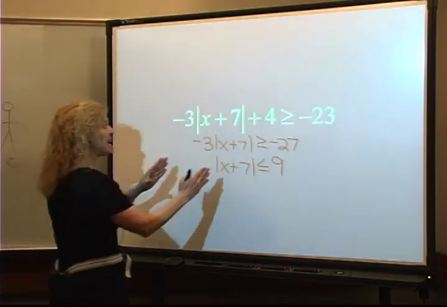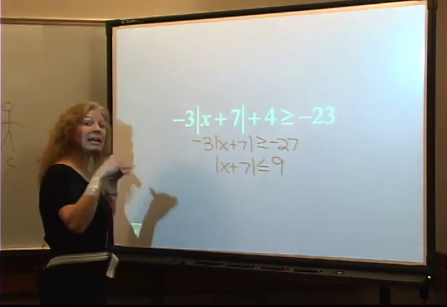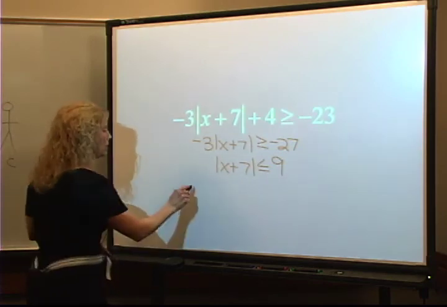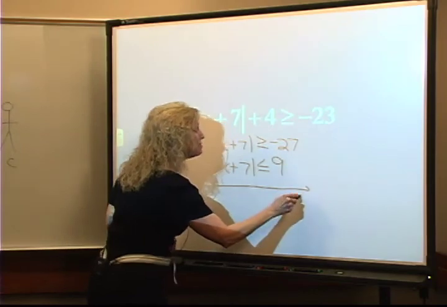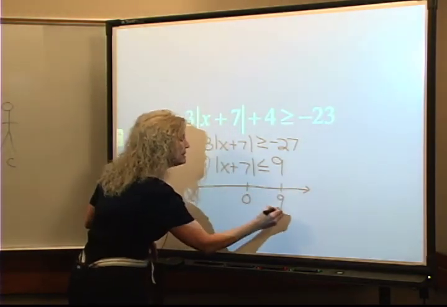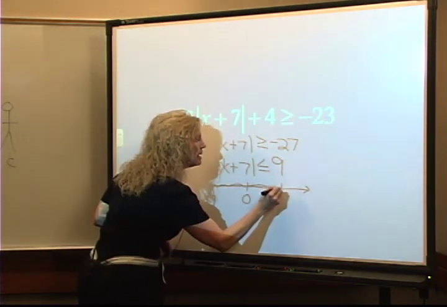Now that I have the absolute value isolated all by himself, now I can deal with that problem and say, okay, well, if the absolute value has to be less than or equal to 9, that means it has to be sitting between negative 9 and positive 9.